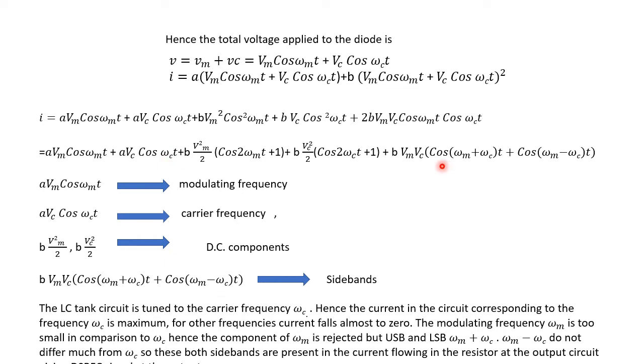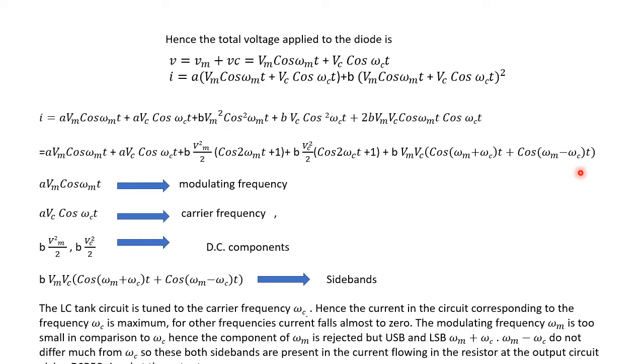Now the question arises, what happens to the sidebands? Since we have fixed the resonant frequency at omega c, and omega m is much smaller than omega c, we can say that omega c plus omega m and omega c minus omega m, these two values are not much different from the carrier frequency omega c, because omega c is in the range of megahertz and the maximum value of omega m is 20 kilohertz.